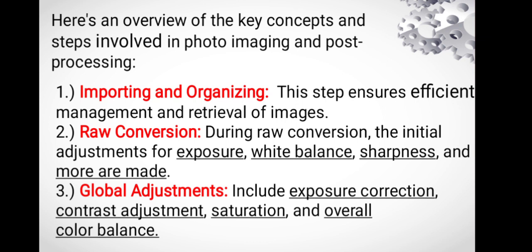So yung JPEG files, ito yung extension name ng image. And then during RAW conversion, the initial adjustments for exposure, white balance, sharpness, and more are made. So dito nagaganap yung adjustment ng exposure, white balance, and sharpness ng isang litrato or image.